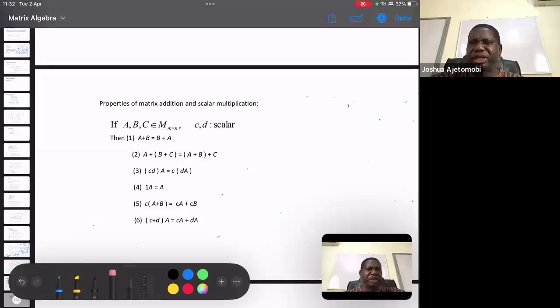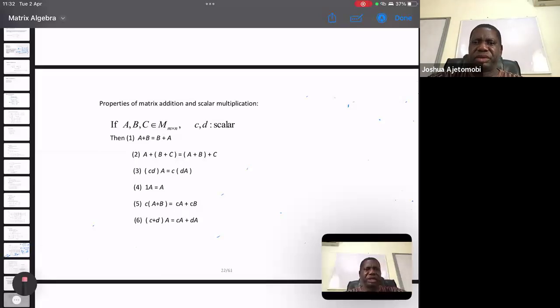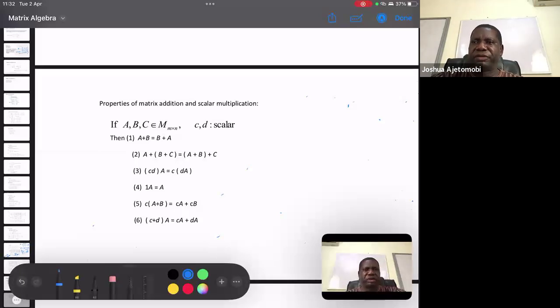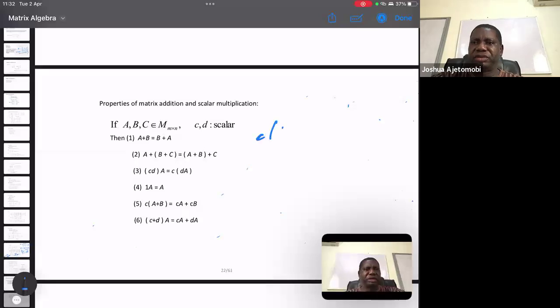If you multiply the addition of matrices by a scalar, so let's say I have C into A plus B, it's as good as multiplying C by A and adding it with the multiplication of C by B. So let's say, for instance, our C is 3.